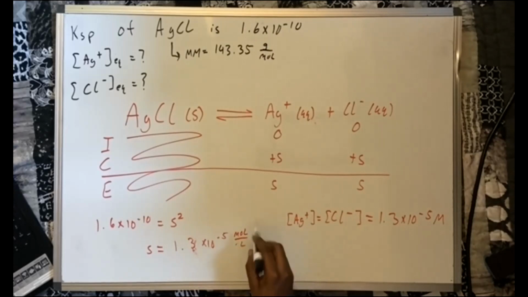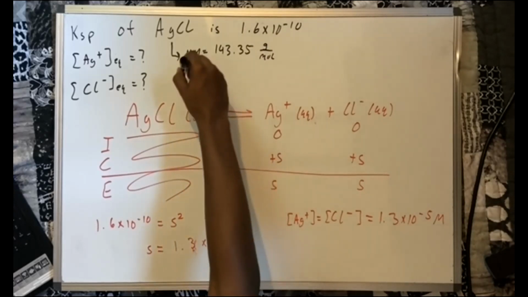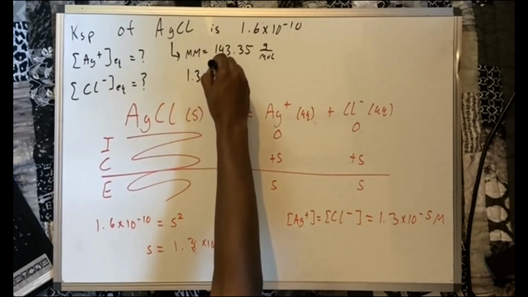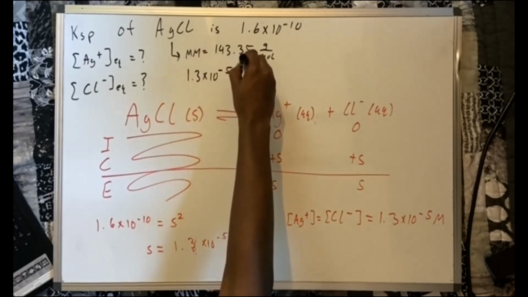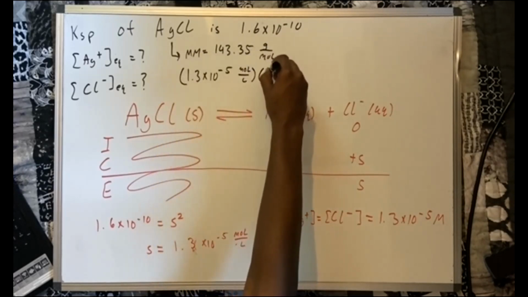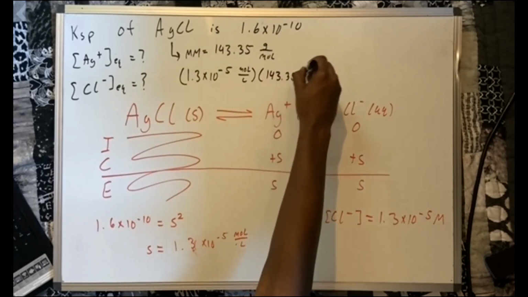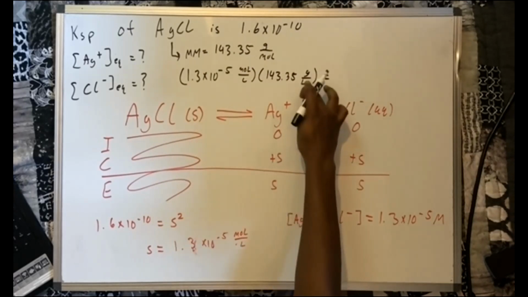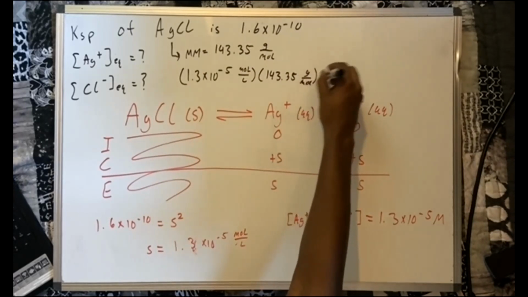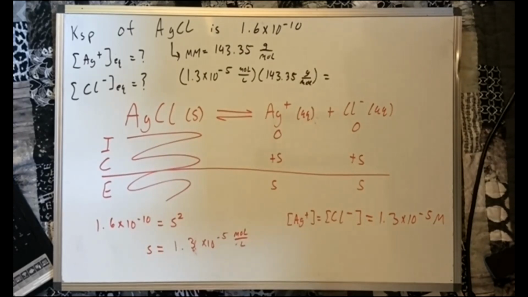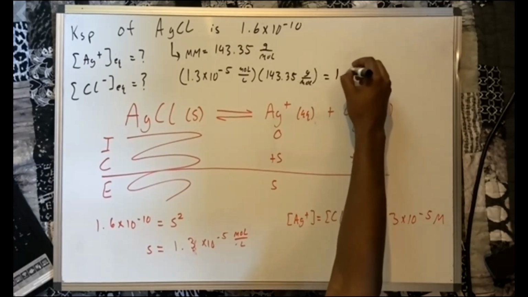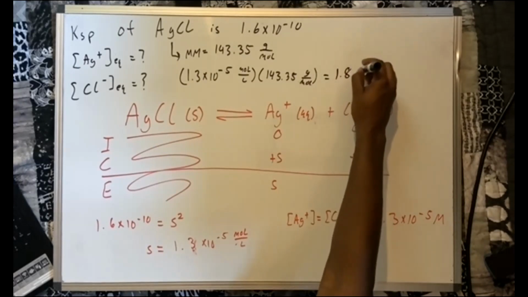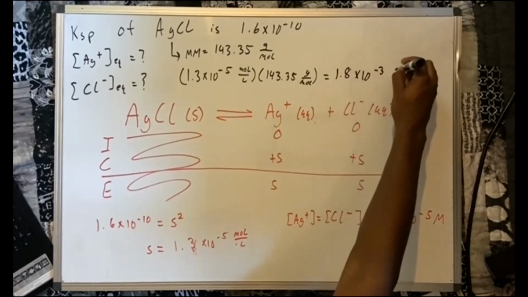So if I multiply this, my 1.3 times 10 to the negative 5 moles per liter, times my 143.35 grams per mole, the moles cancel and I get grams per liter. So this times that, I get 1.8 times 10 to the negative 3 grams per liter.